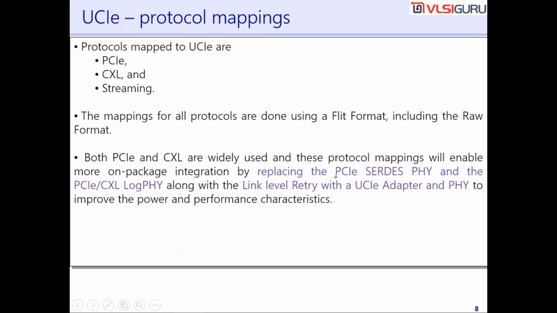Next. Both PCI Express and CXL are widely used. These protocol mappings will enable more on-package integration by replacing PCI Express SerDes PHY and PCI Express CXL logic PHY with the UCIe adapter and PHY, along with link level retry, to improve the power and performance characteristics.